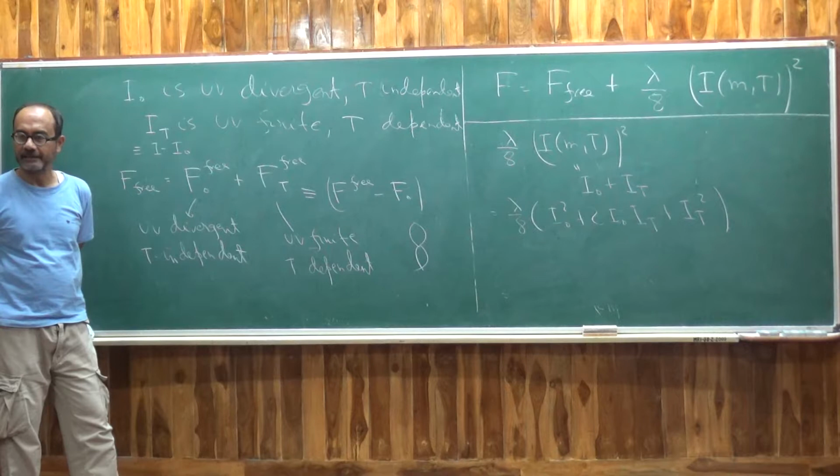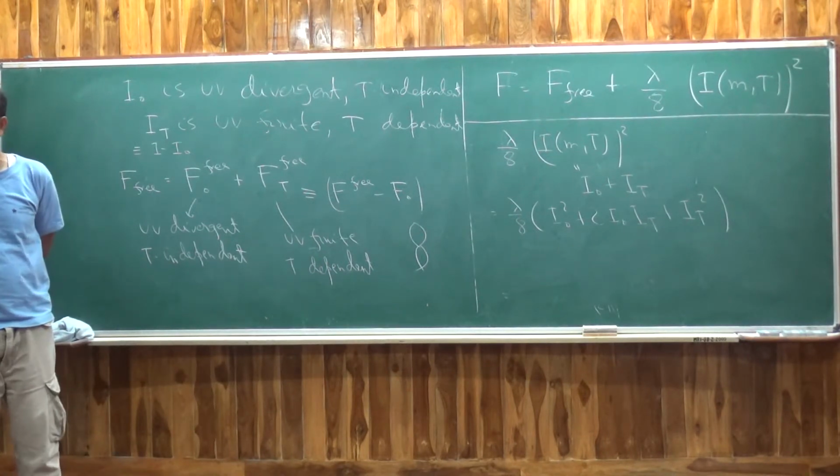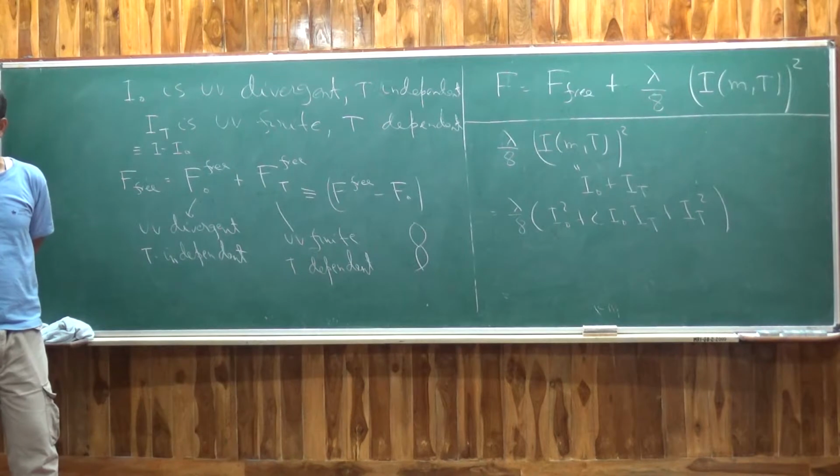Any thoughts on this? Because of the loops. Yes, of course the UV divergence is coming because of the loops. But how to get rid of them?